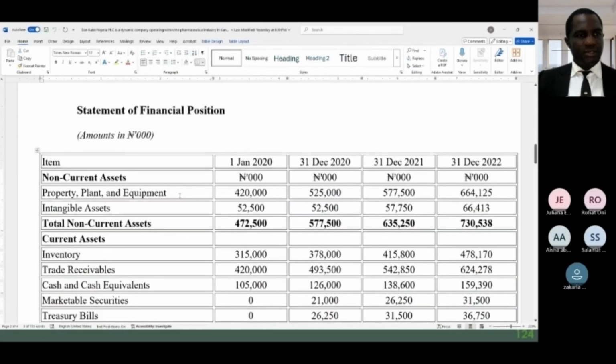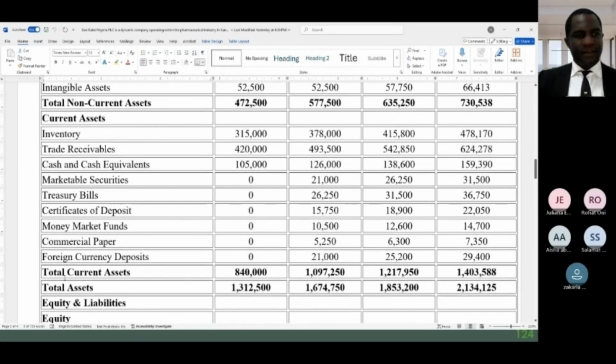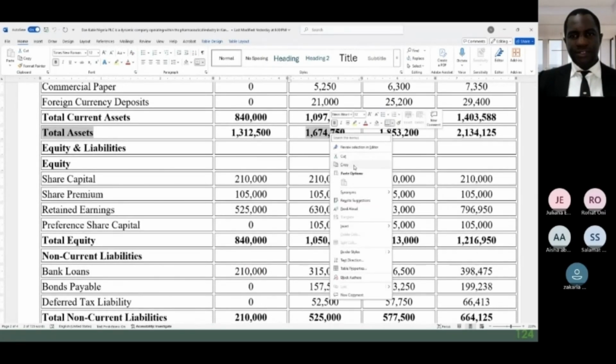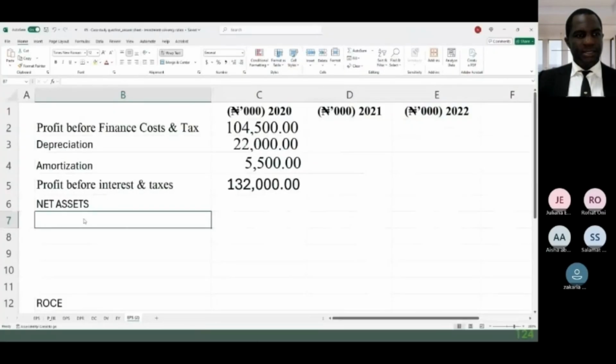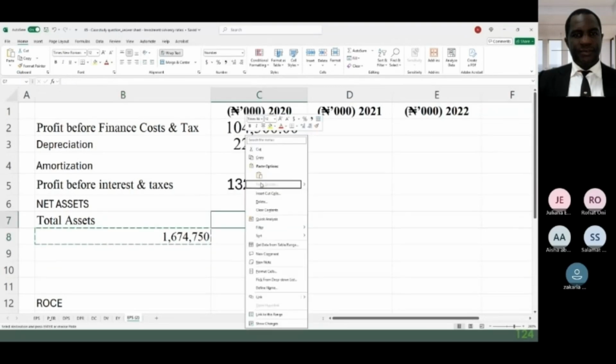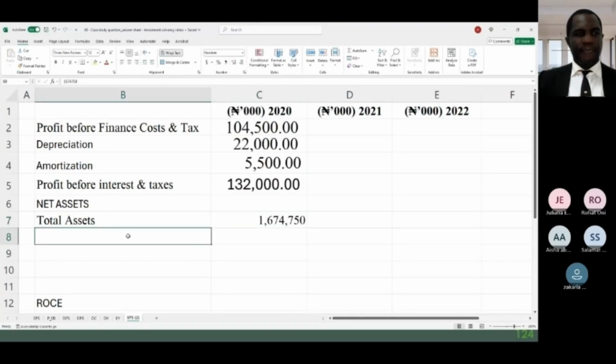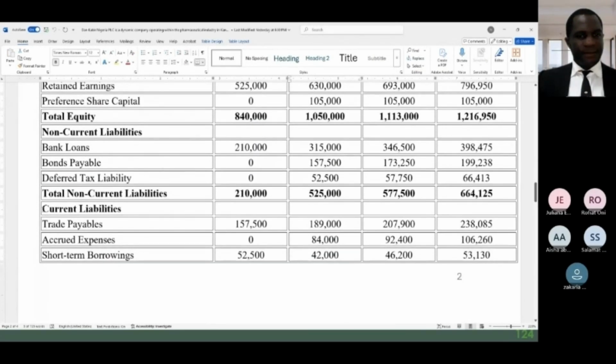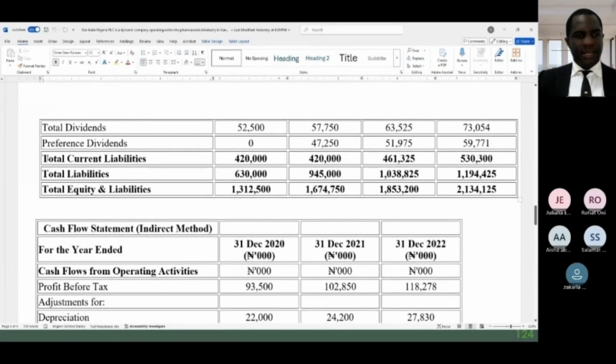From the question, our total assets at the end of the year is 1,674,750. So I take that to my Excel. Then let's pick our current liabilities and deduct it from the total assets. Our total current liabilities is 420 million, as you can see on the screen.